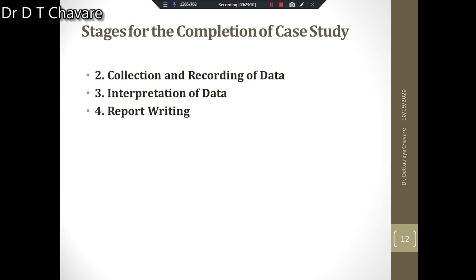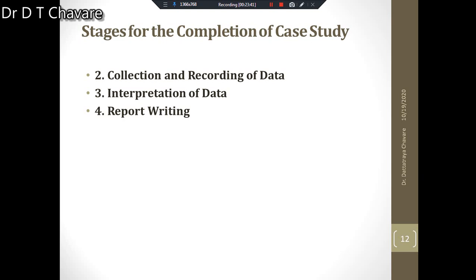Whatever facts you have collected must be compiled, classified, tabulated, analyzed, and also interpreted. It means that compilation, classification, tabulation, analysis and interpretation, all these things are essential.